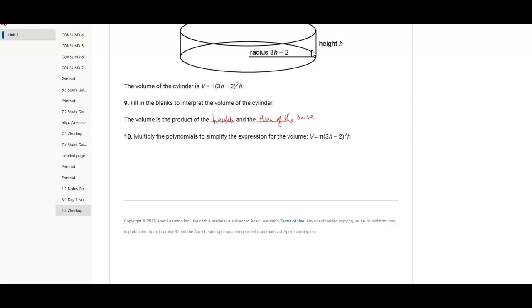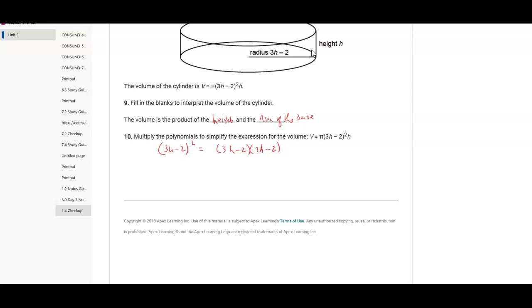Okay? So now when we multiply the polynomials to simplify this, the first thing we have to do is the 3h minus 2 all squared. Now we do this, it's 3h minus 2 times 3h minus 2.